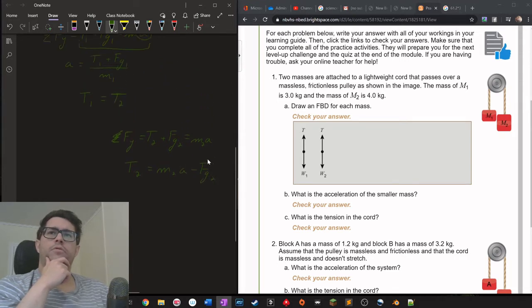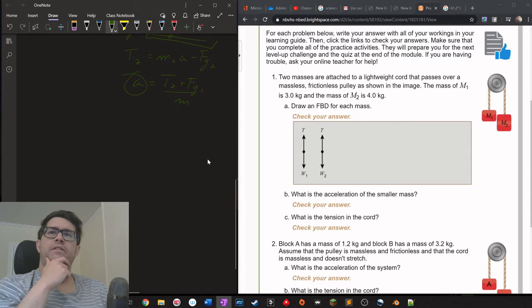Simple. If this is the case, then I don't want a formula where I have both A's. As you can see here in this formula, I can isolate A. I can say that A is T2 plus Fg2 divided by M2.